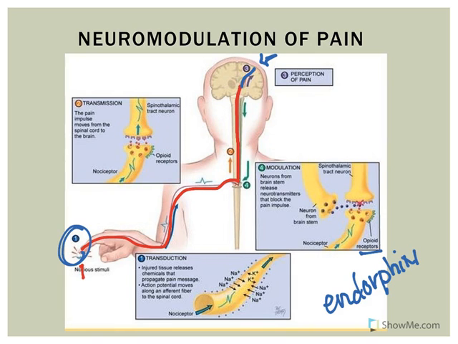These neuromodulators can do one of two different things. They can block the release of neurotransmitters from here, which would block the transmission of pain. And in some instances, they can block these receptors over here for those neurotransmitters.